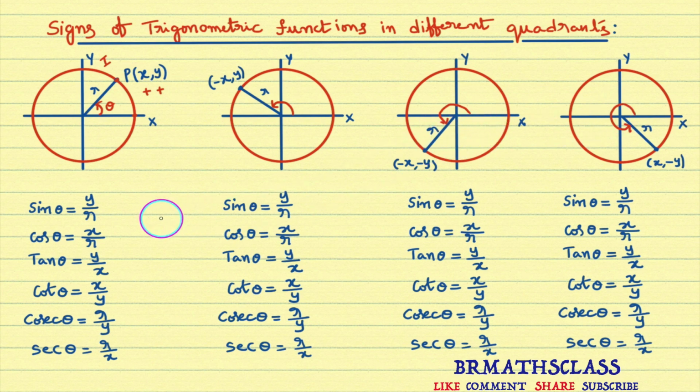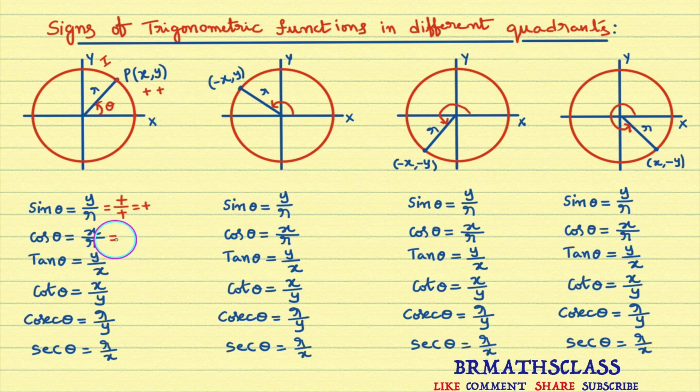Now, we will see in the first quadrant why all trigonometric functions are positive. You see here, sin theta is defined as y by r. r is clearly positive. What about y in the first quadrant? y is positive. Positive divided by positive is positive. So, the sin function is positive in the first quadrant.